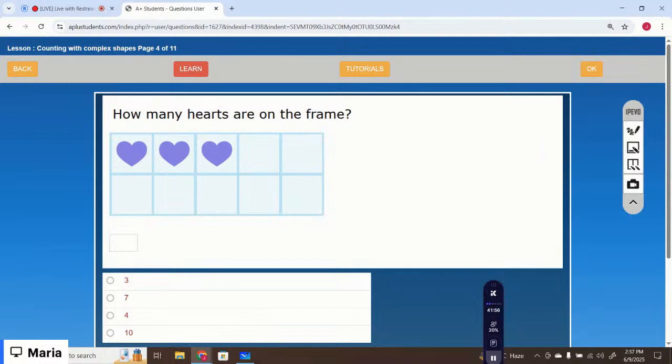How many hearts are on the frame? So which is the correct option? There are three hearts. Option number one is the correct option.